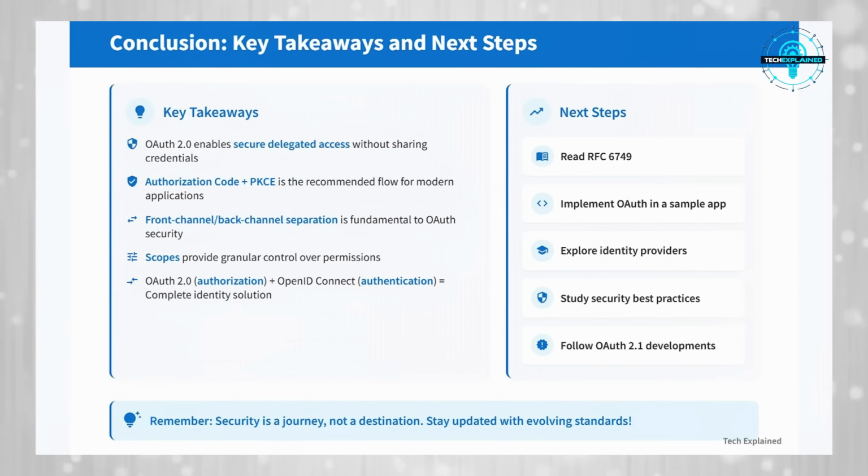There are also excellent open-source libraries and tools available for most programming platforms that can help you implement OAuth 2.0 correctly and securely. Remember, security is an ongoing journey, not a destination.